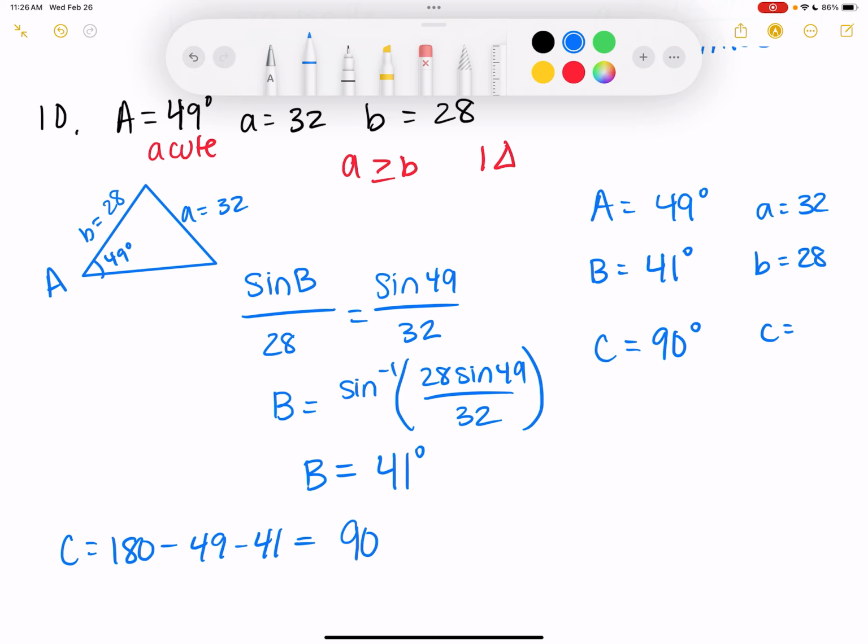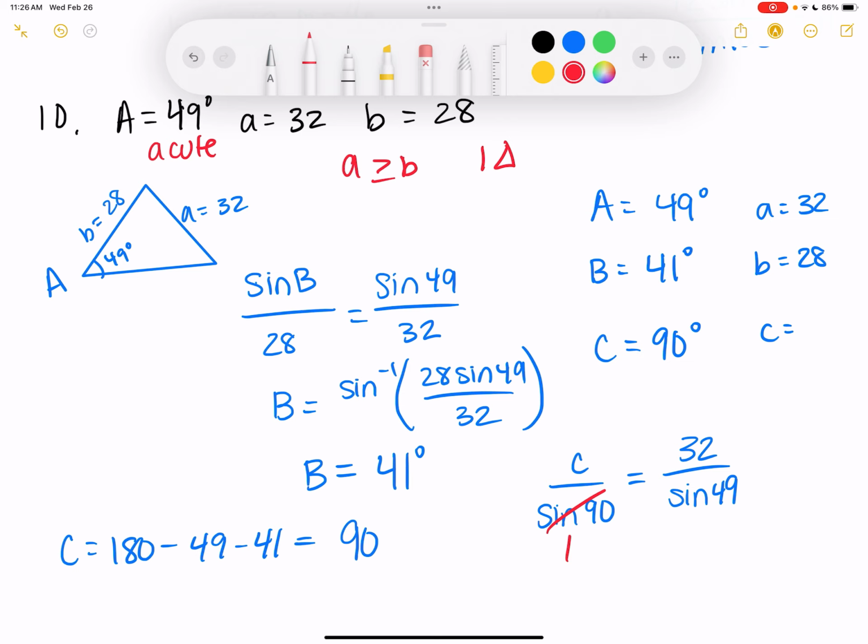So, I'm going to have C over the sine of 90, which we know what the sine of 90 is. It's what? It's on your unit circle. What's the y value at 90 degrees? 1. So this is just 1.